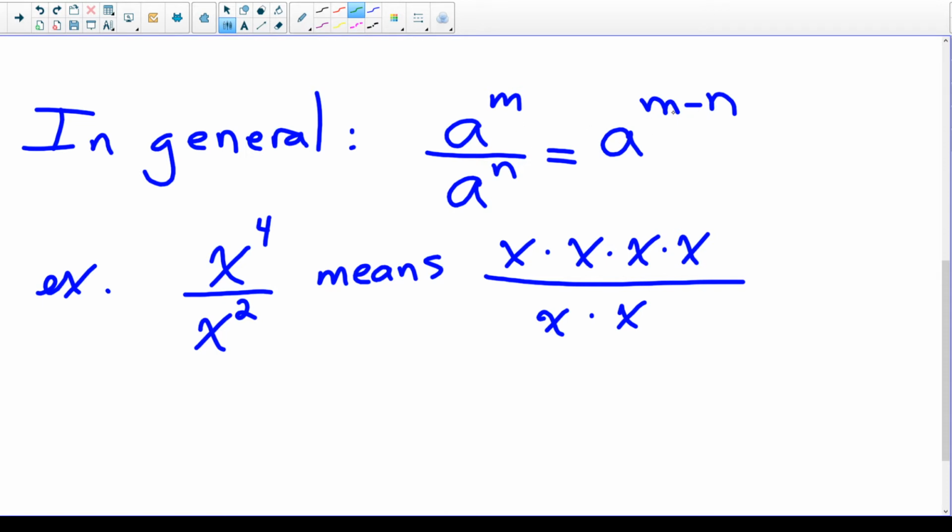We're using a subtraction of our powers as a simplification or a speeding up technique of what is actually going on. So in this case, I wrote out the long way ahead of time just to speed things up a little bit. What does x to the 4 divided by x to the 2 mean? Well, it means there are 4 x's multiplying at the top and 2 x's multiplying at the bottom.